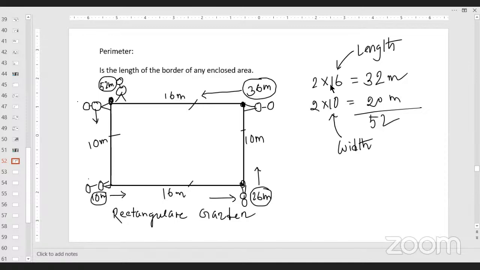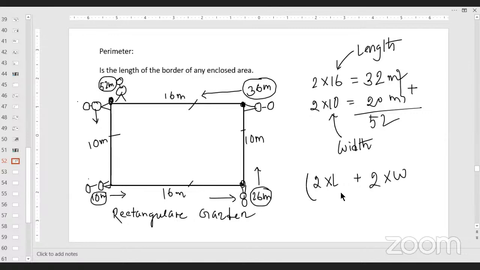So what we have found out is that he traveled double of the length, added with double of the width, you know? So if you want to find the length of the border, the perimeter of a rectangle, you can say this is double of the length added with double of the width. I mean 2 into L plus 2 into W, right?